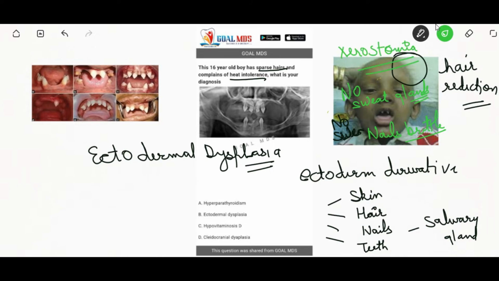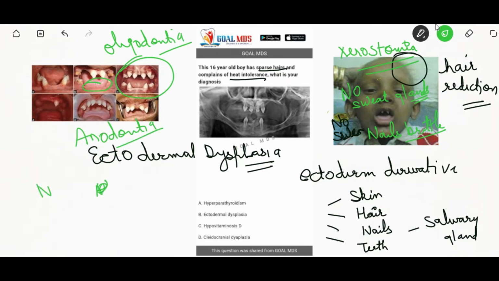So there will be anodontia or oligodontia, that is the complete or partial absence of teeth, affecting both the deciduous and the permanent dentition. The alveolar process does not develop in the absence of teeth.